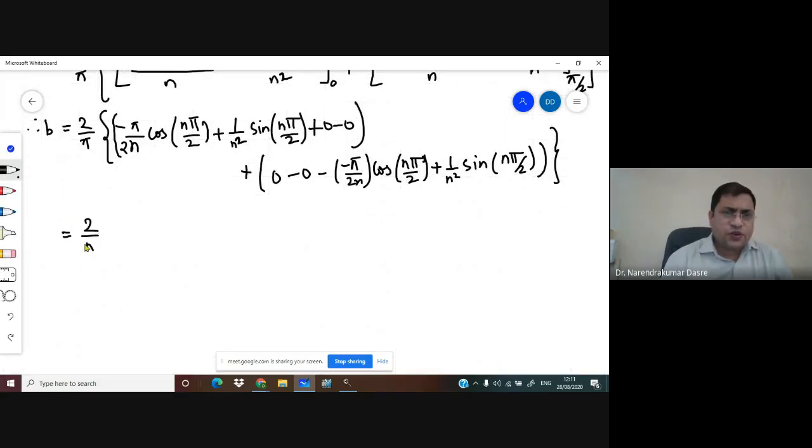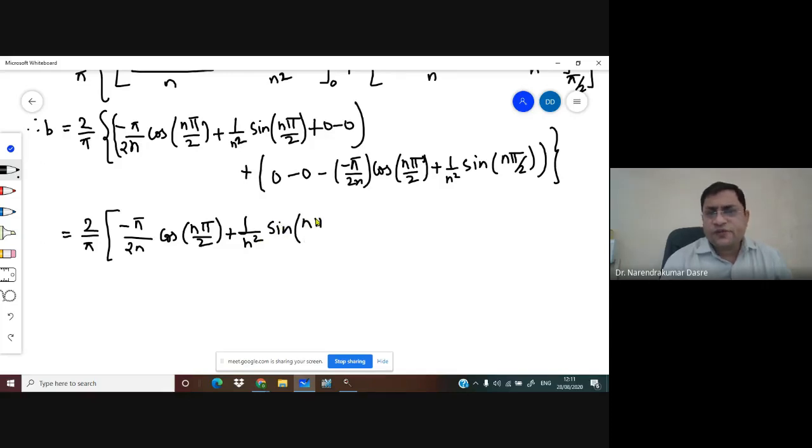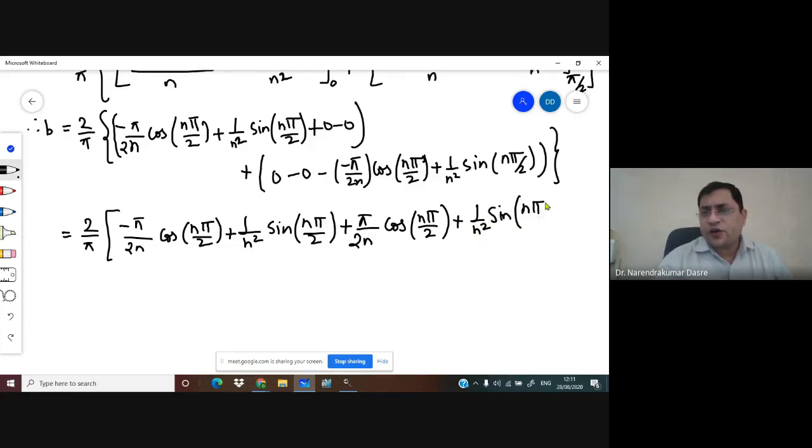So we'll have this is 2 upon pi. This term is minus pi by 2n cos of n pi by 2 plus 1 upon n square sine of n pi by 2. Then I'll be having this minus and this minus will become plus pi upon 2n cos of n pi by 2 plus 1 upon n square sine of n pi by 2.